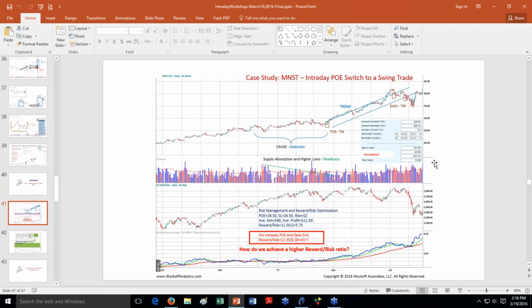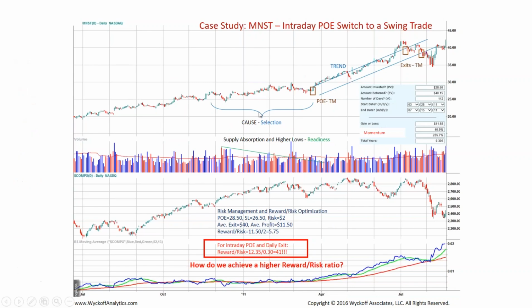Let's say we were on this bar and we were day trading, thinking that maybe this was phase C. And then by the end of the day, we open the position here, and we're going to keep this and switch into the swing trade.